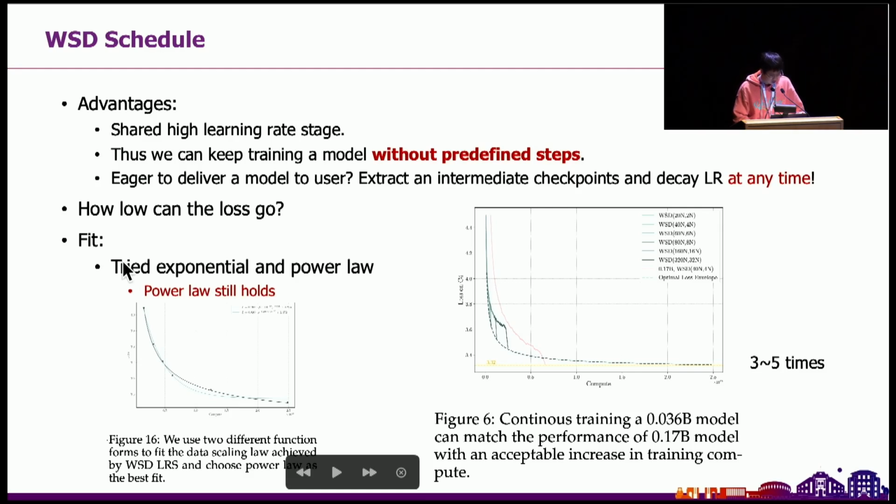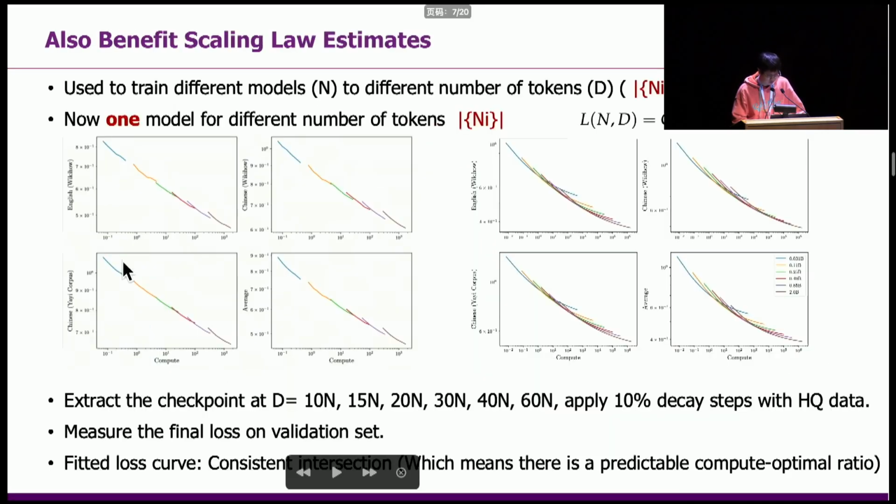We actually didn't do the experiments of infinite training, and we fit a scaling law of the data horizon and find that the power law holds perfectly on the data horizon. And we found that when you keep training the model, you will get the performance of 3 times the model size compared to what we previously thought.